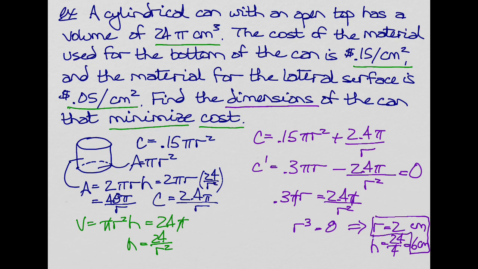Just to check and make sure we've found a minimum cost rather than, say, a maximum cost, which would be bad. Let's take another derivative. So I got 0.3 pi, and then this is r to the negative 2, so I got plus 4.8 pi over r cubed.